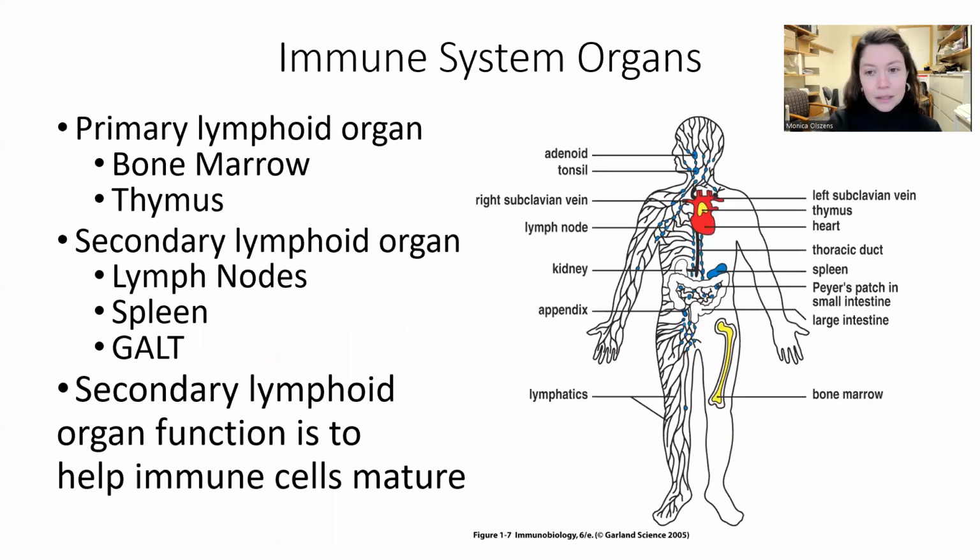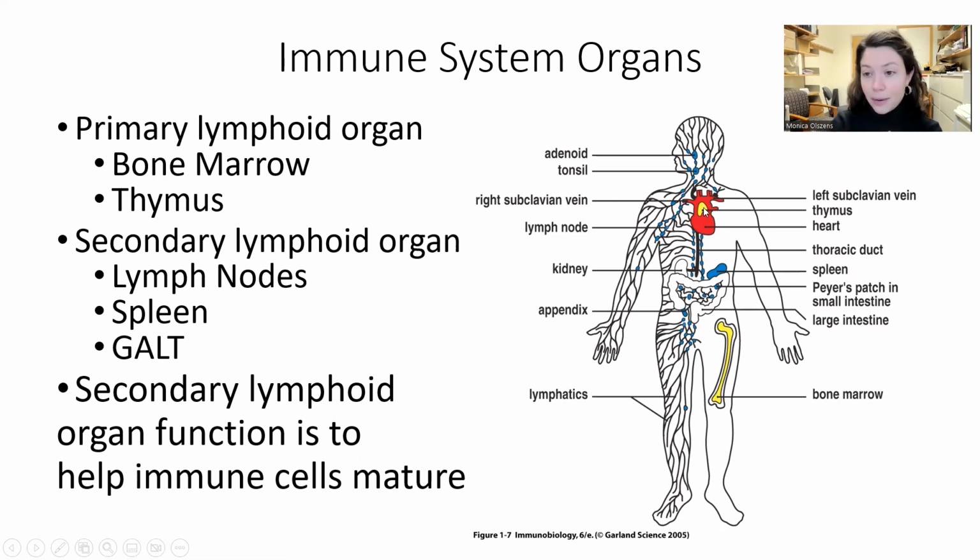Okay, so now we're switching gears from what's coating the outside of your body to what's going on inside your body. So there are two primary lymphoid organs. Remember them? Anything else is secondary. Choose the short list. So the bone marrow here in yellow is primary, and then the thymus also color-coded in yellow.